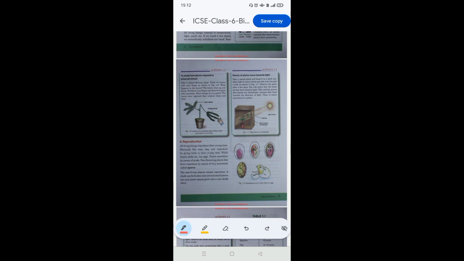In case of plants, they reproduce by seeds, and in case of non flowering plants, they reproduce by structures called spores, which are their reproductive structures.